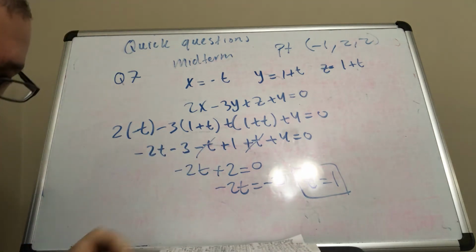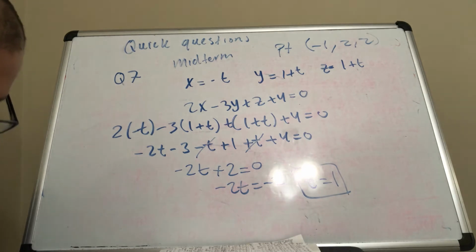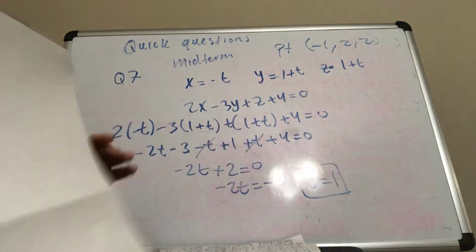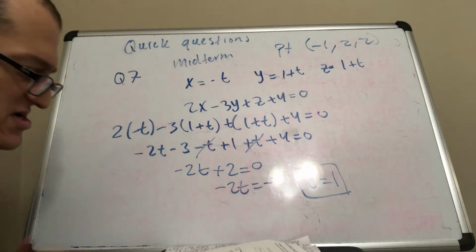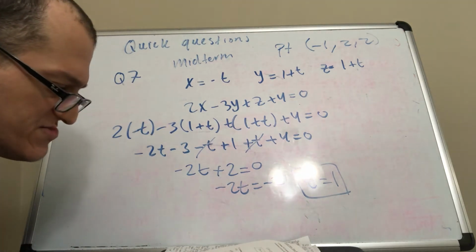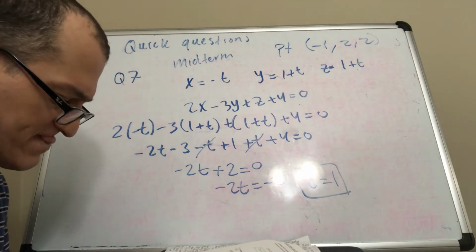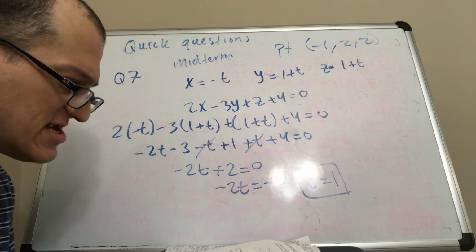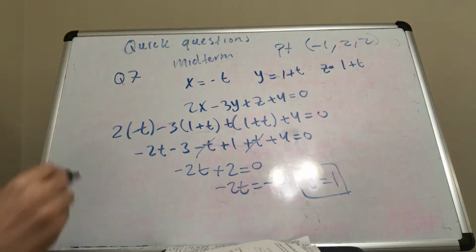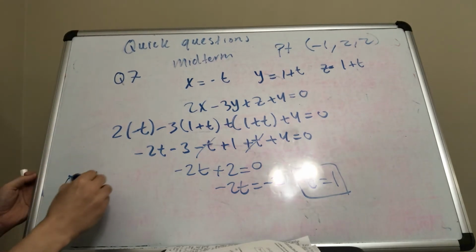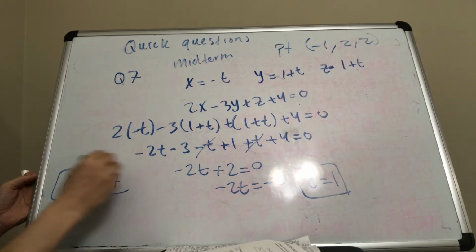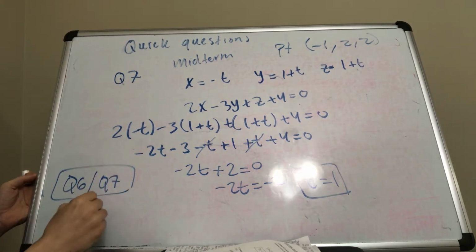These are the quick questions. Let me see if there's anything quick that I want to do. If you go to page 2 in the midterm, questions 6 and 7, these are the only 2 questions from worksheet 1.